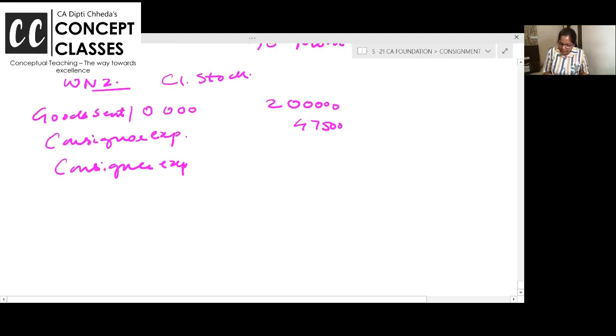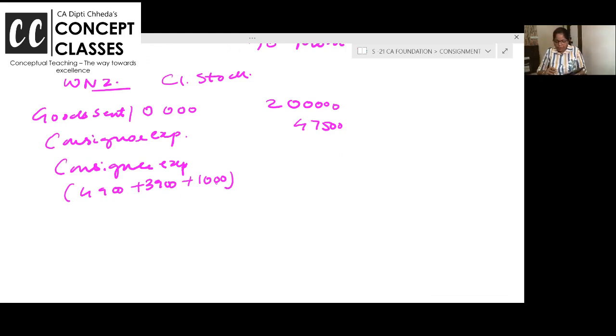What all we will take? Write down. Unloading we will take. Clearing charges we will take. Carriage inward we will take. Storage, office, selling, these are recurring expense till the goods reach your godown. Remaining expense will be taken when the goods are sold. So consignee's expense 9,800.